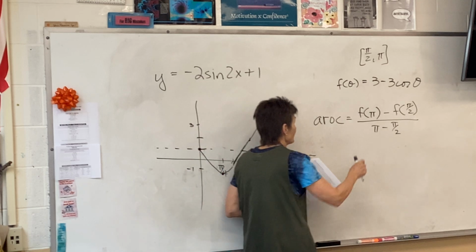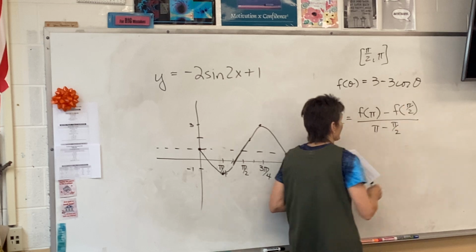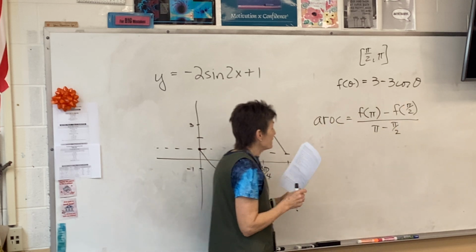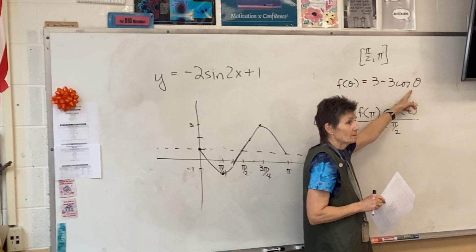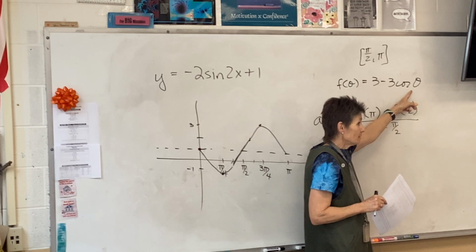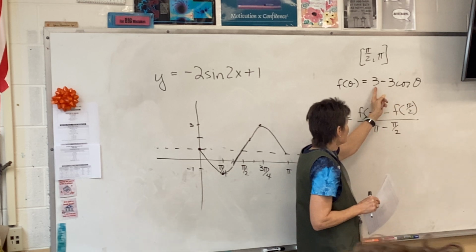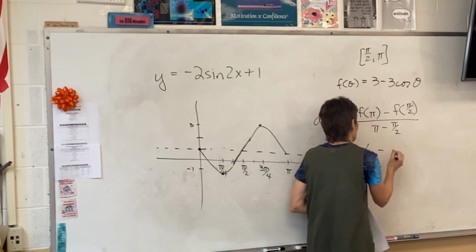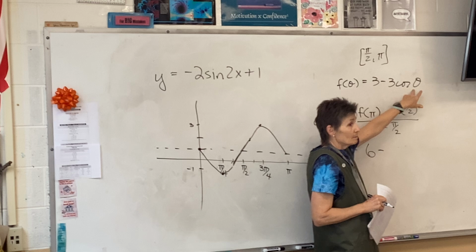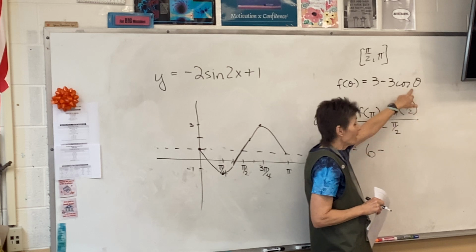So then to evaluate f of pi, we put pi in right there. So what do we get? When we put pi in, what's the cosine of pi? -1. So this is going to be 3 plus 3, 6. And then put pi over 2 in, we need f of pi over 2.